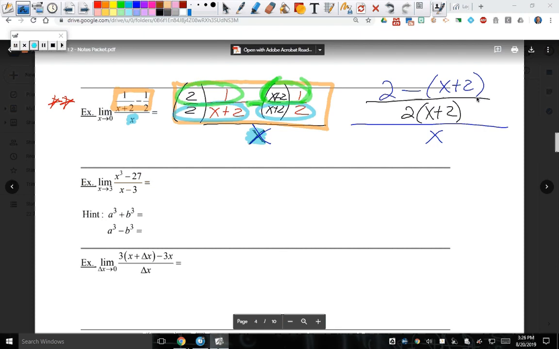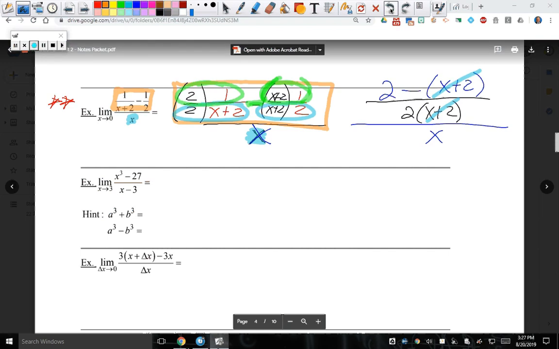Now, someone asked me this earlier today during second period. Couldn't you just cancel these two? No, because you're subtracting. Because I'm subtracting the top. You can only cancel if multiplication exists here and here. But multiplication doesn't exist there. It's subtraction. So you can't cancel early.